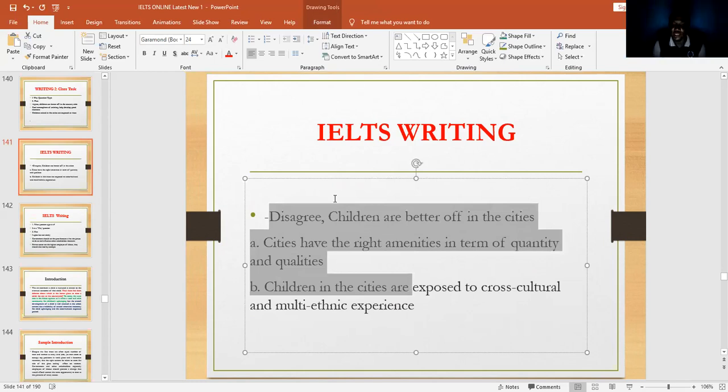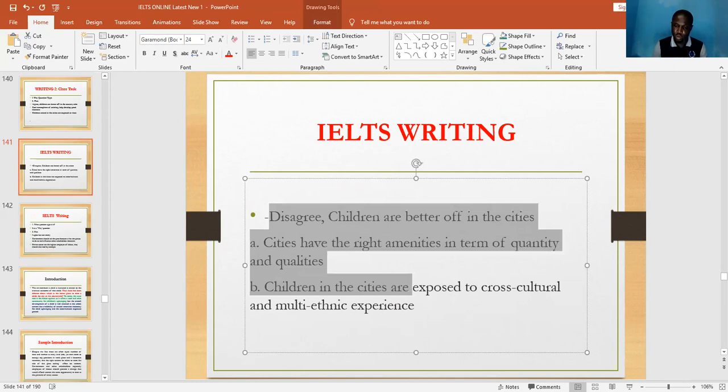I said children that grow up in the cities gain cross-cultural and multi-ethnic experience, which are important soft skills needed in the present workplace and globalized community. So now I have introduced the idea, then I will have to illustrate the idea.